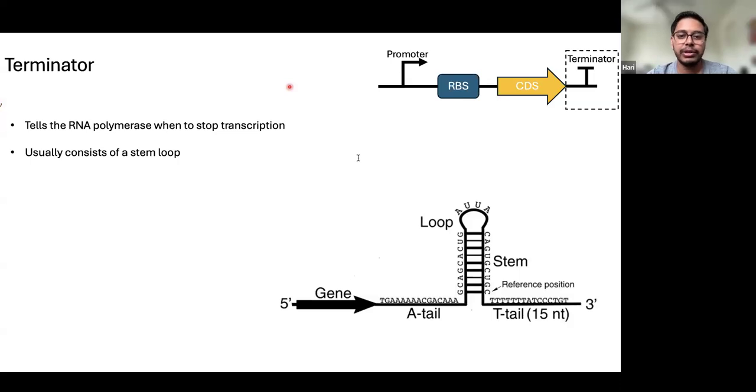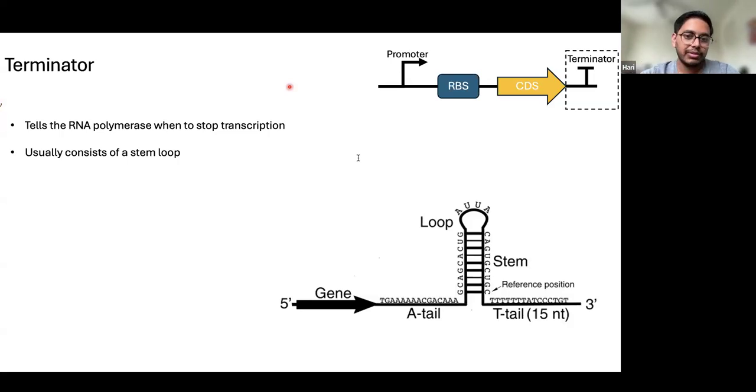So if we don't have the terminator, and if we have some other gene downstream of that particular gene, then the RNA polymerase does not have enough information to stop the transcription of the required mRNA, and it can go ahead and make the transcript for different genes as well.